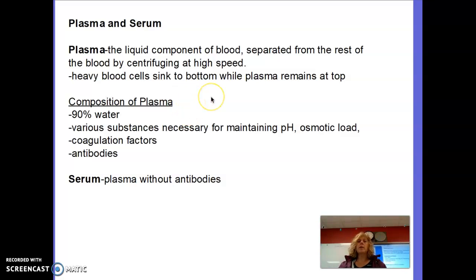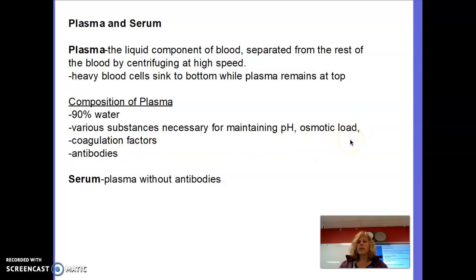So composition of plasma, mostly water, but there's a lot of other substances in there that are really important in, again, that homeostasis, like maintaining the correct osmotic load.